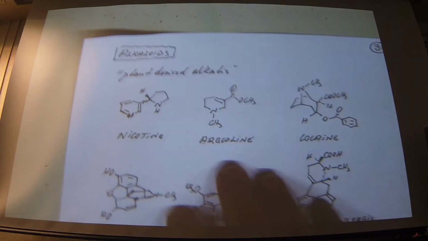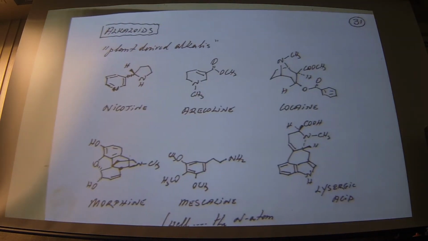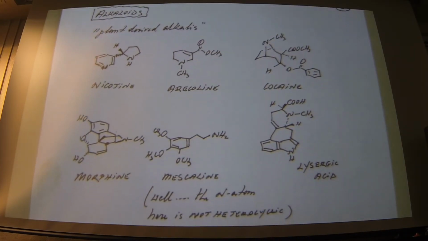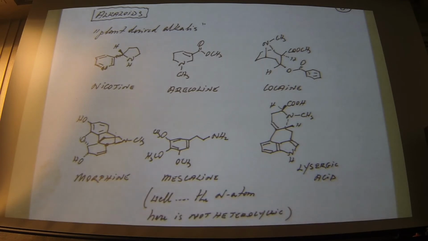And so one term that you're going to encounter is alkaloid. When you hear alkaloid, of course, the first thing you think of is alkali. And in fact, that's where the name comes from. So alkaloids were named as plant-derived alkalis, being bases. And these are some of the fairly common ones that you may have heard of.